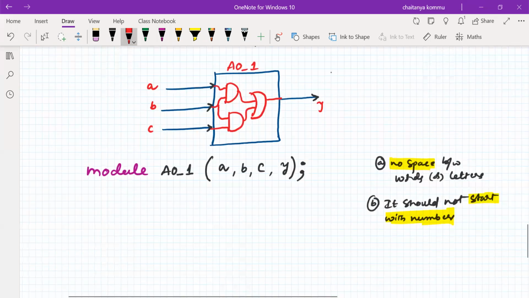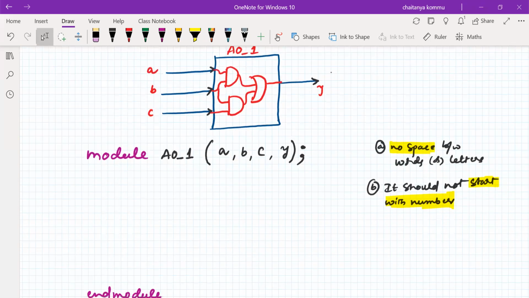Now we have to declare what do you mean by A, what do you mean by B, what do you mean by C, what do you mean by Y. For that, I'm saying that among these variables A, B, C, and Y, the inputs are A, B, comma, C. Once the statement is completed, we have to end it with a semicolon.